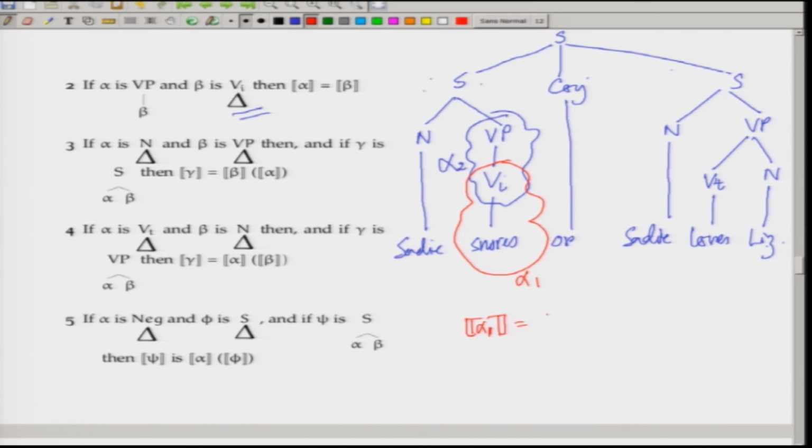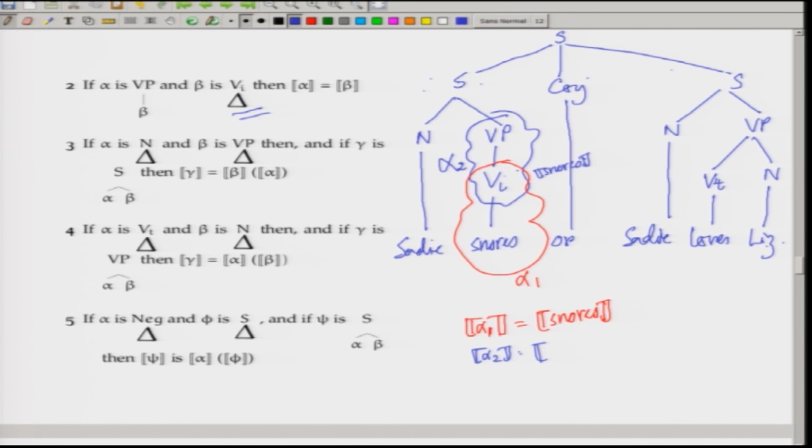This will be pushed up, so it will basically be snores, right. And then what is the reference of alpha 2? Alpha 2 is basically VP goes to Vi, VP goes to beta, which is Vi. Now the reference of alpha 2 is actually the reference of beta. What is our beta? Already beta has a reference. What is it? Snores.